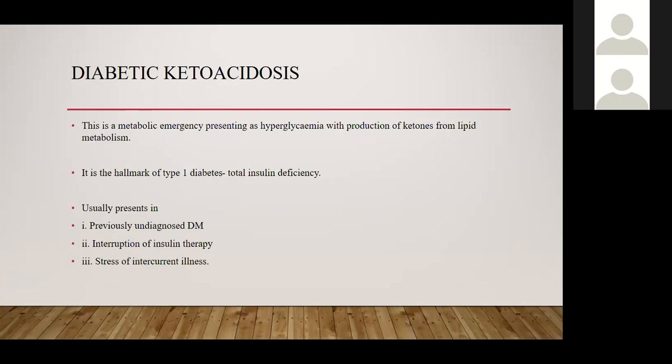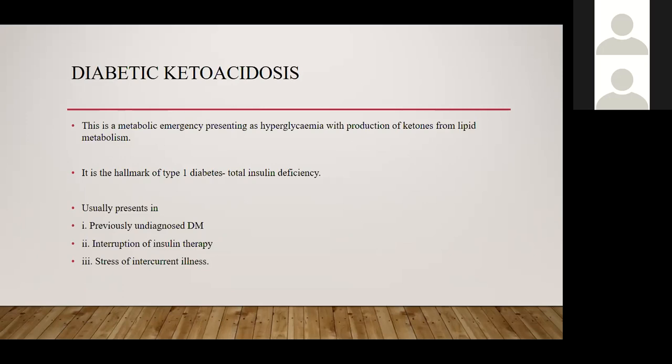However, the system is unable to respond to the level of insulin, what we call insulin resistance. And usually that would be type 2. But we also said that patients who have type 2 diabetes would later go on in life to also develop some sort of total insulin deficiency.